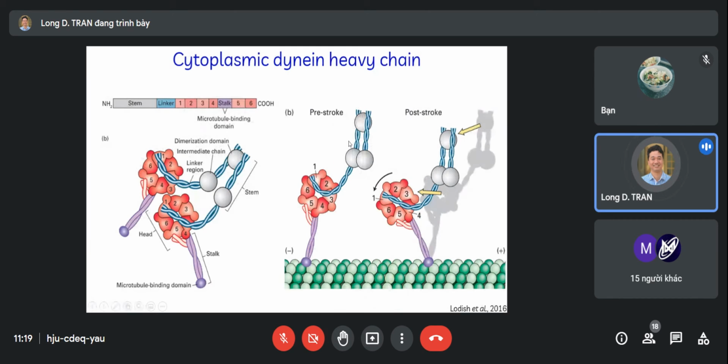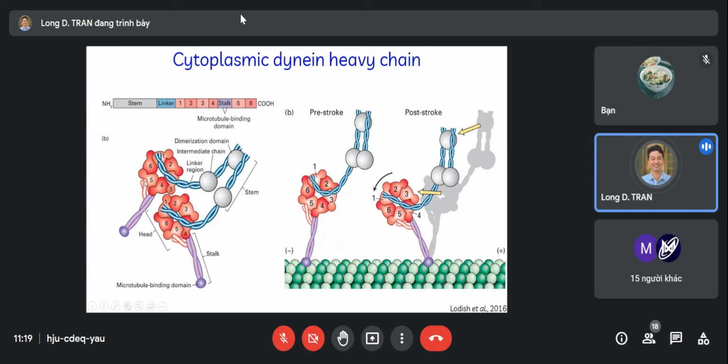The organization may be easier to follow here. We have the stem, and the linker, and then domains 1, 2, 3, 4, and then the stalk. The stalk folds on itself, and then there are domains 5 and 6.